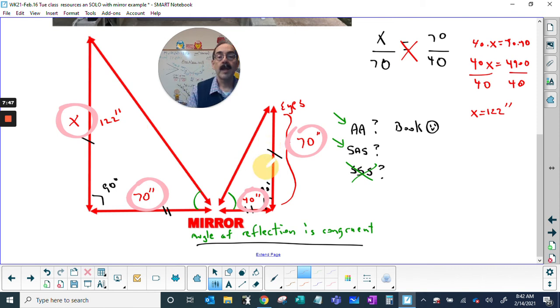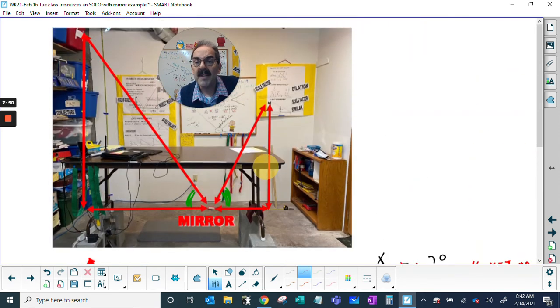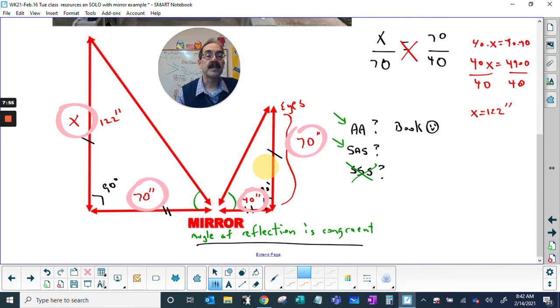Okay? Now, if we go up, you're going to see I have a measuring tape taped to the wall here. And it turns out that using a tape, measure the actual measure, x equals 115. So we're off a little bit.